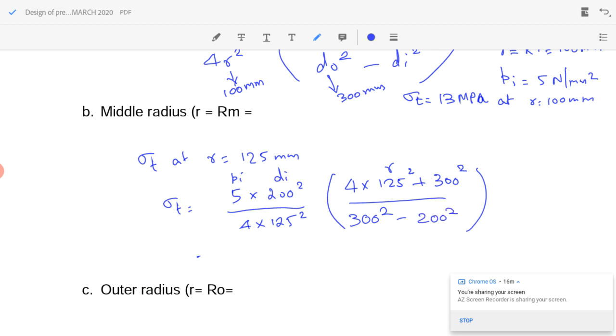I will get sigma T at R equal to 125 equal to 9.76 Newton per mm square.